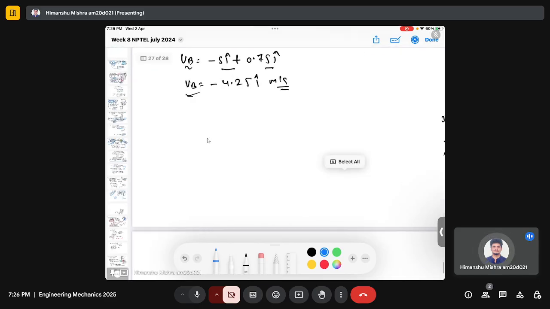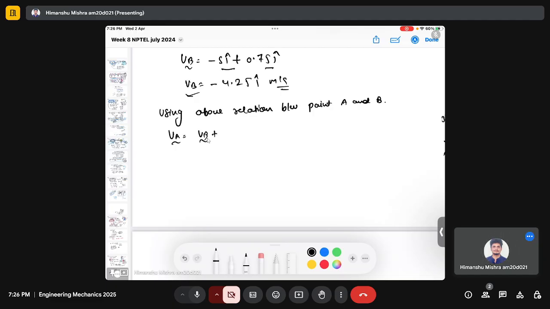So now using the same relation between point A and B, sorry. So this will be VA equals VB plus velocity of point A relative to B. Velocity of point A relative to B will be omega cross R AB.